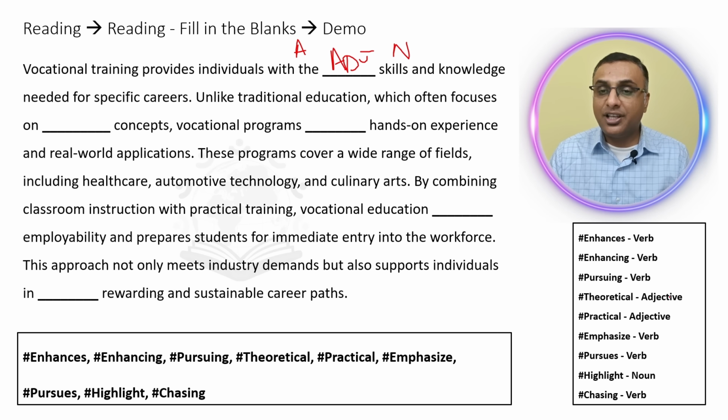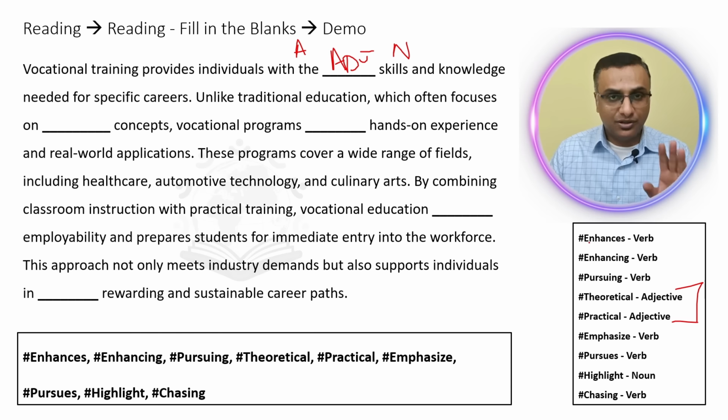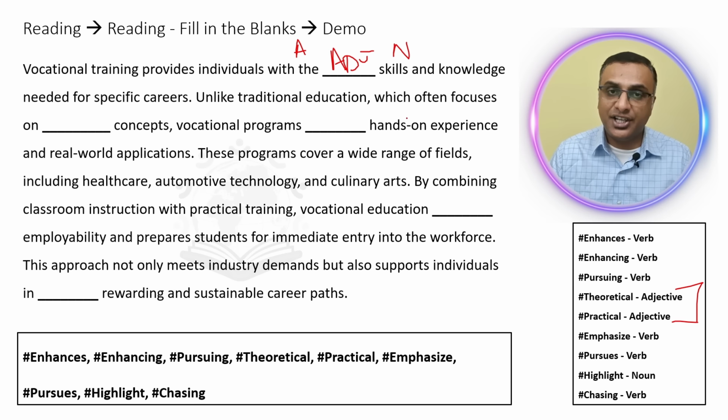So, how many adjectives are there over here? 2 adjectives, theoretical and practical. Which adjective can you put? Let's wait and proceed forward. For now, just consider it as an adjective. Next, dash skills and knowledge needed for specific users.